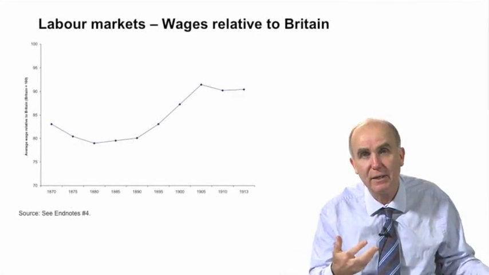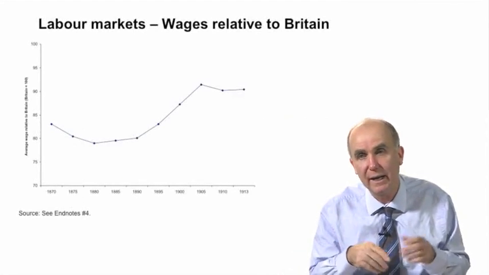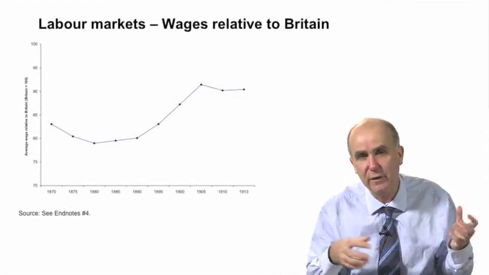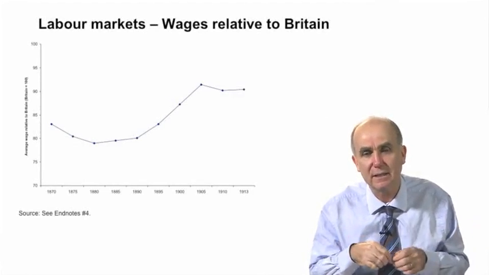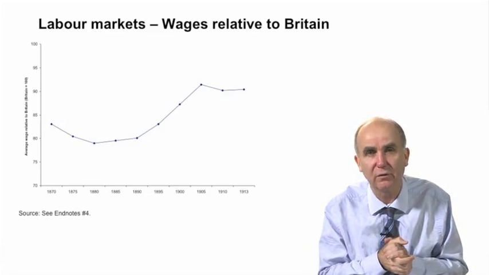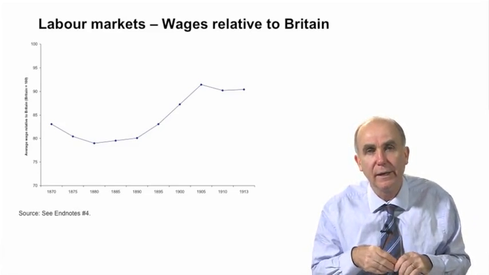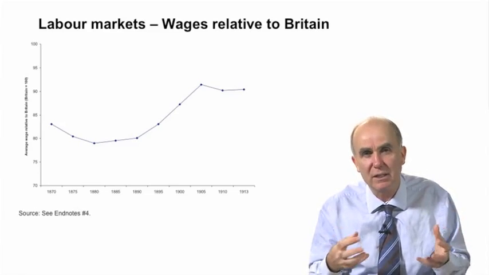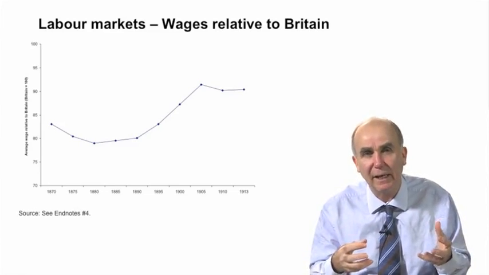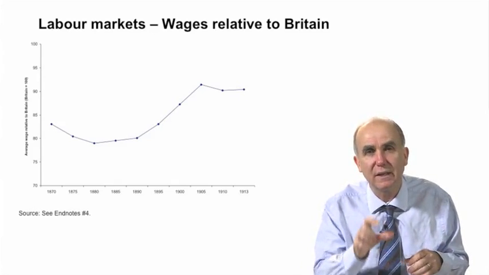The same thing happened in capital markets, where interest rate differentials in returns on financial assets narrowed during this first era of globalisation. The other way in which globalisation changed input prices was within countries.